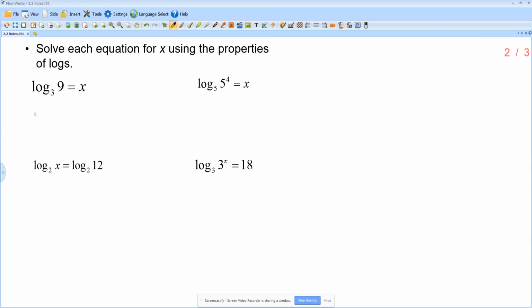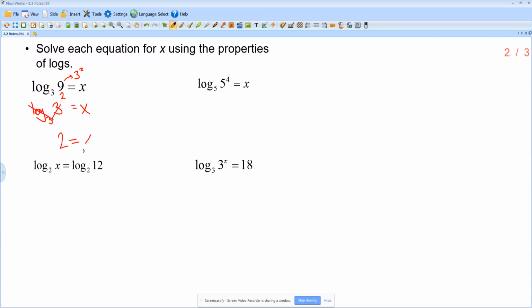Using the properties, I could rewrite this as log base 3 of 3 squared equals x. So I rewrote 9 as 3 squared. One of our properties of logs is if you take the log of an exponential function with the same base, it simply cancels. And this 2 is just the final answer.